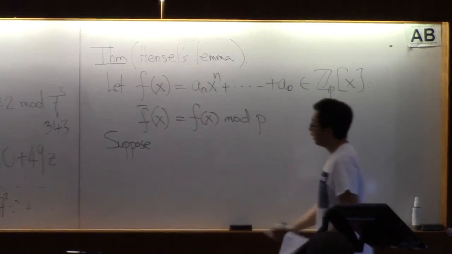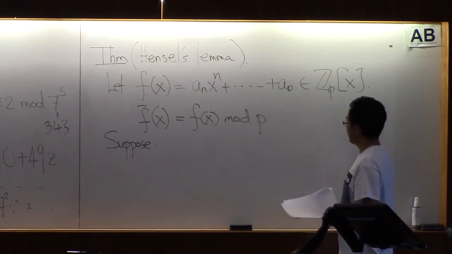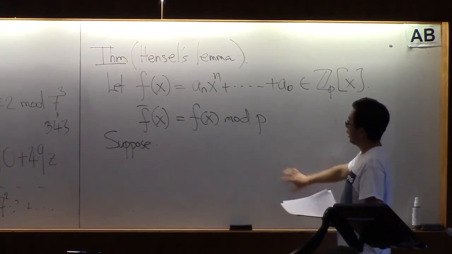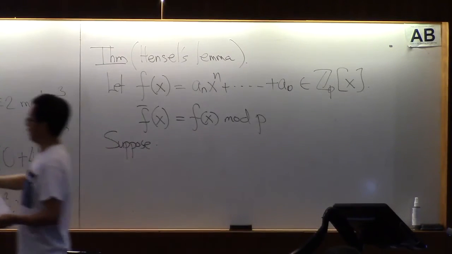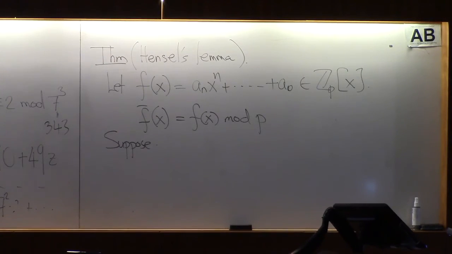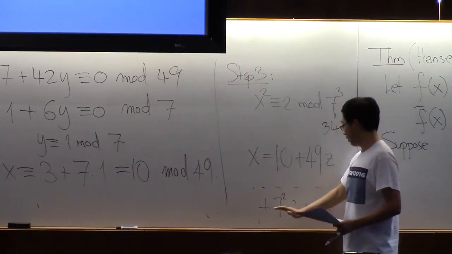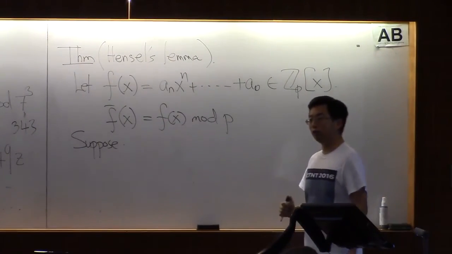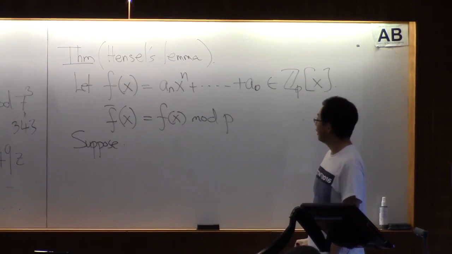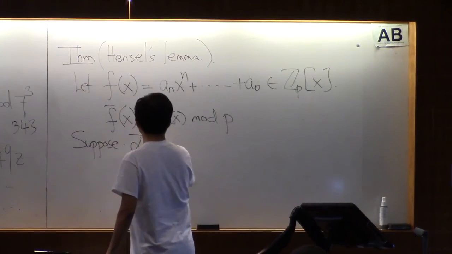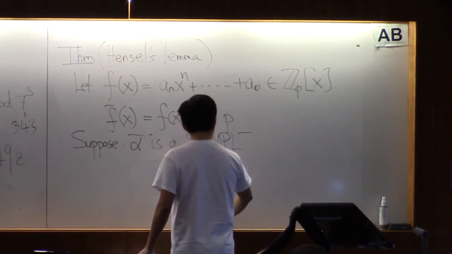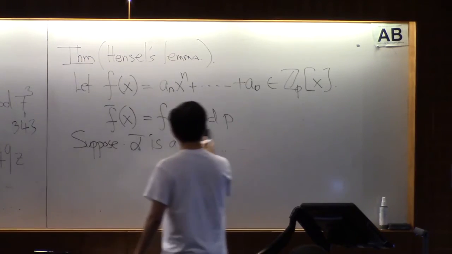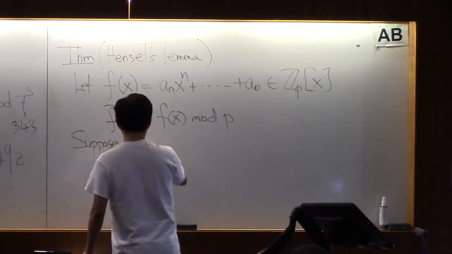Our procedure, if you think about what really happened, is that we pick a solution of this polynomial modulo p, namely x equals 3. And then we keep producing it: 3 plus 7, and then the next step is plus 7 squared times something, and keep going, eventually producing a square root of 2 in Z7. I'm going to do the same thing. Suppose that the reduction of f is not 0.